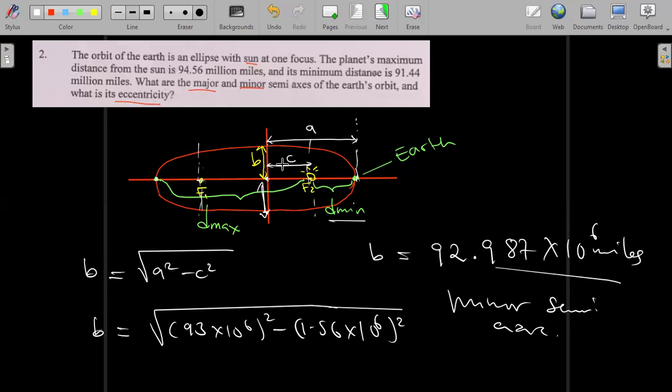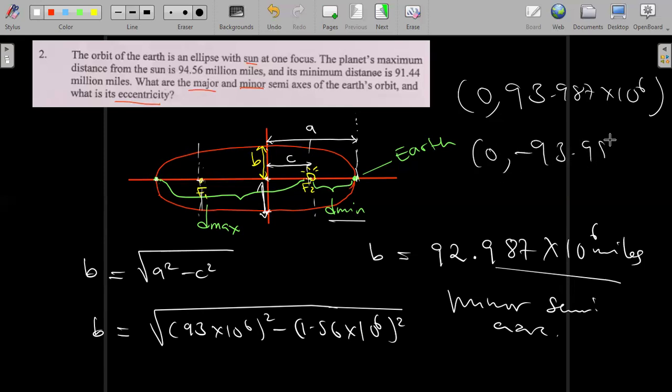So if you write it as coordinates, in the x, of course, it's 0, but in the y positive, you write this number which I'm finding, 92.987 multiplied by 10 to the power 6 meters. Then for this down here, it's the same 0, but this will bear a negative, 92.987 times 10 to the power 6. So that's how you write it in the coordinate form. But already finding this, you understand that that is your minor axis.